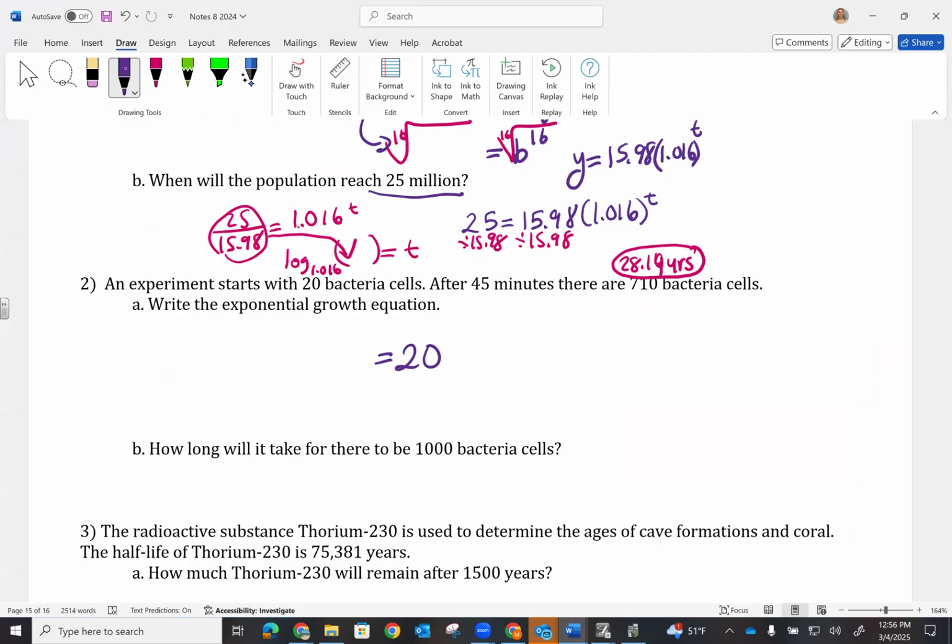After 45 minutes, there are 710. Can you see how that flows together: beginning, ending, growth factor, time? Divide by 20, and then take the 45th root, okay?